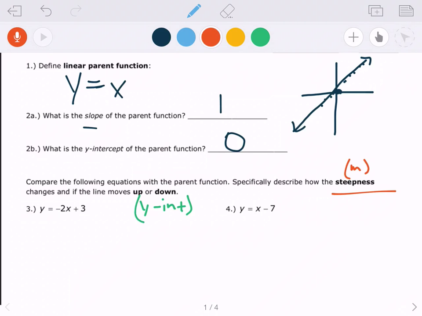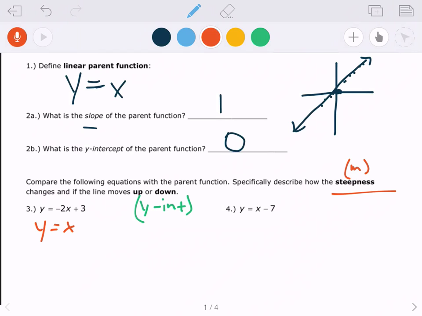we have a slope of -2 and a y-intercept of 3. So if we're comparing that to the parent function, specifically they want to know, how does the steepness change and is the line shifting up or down?